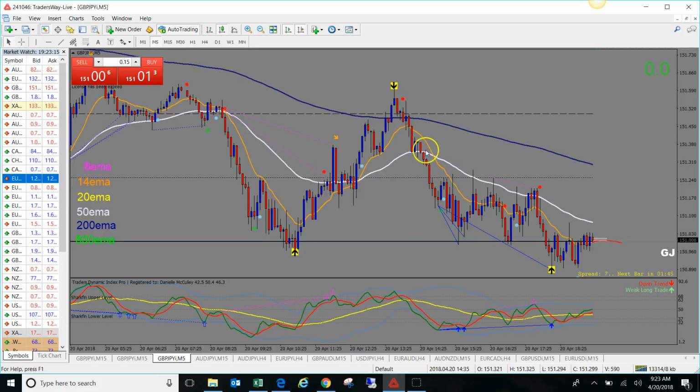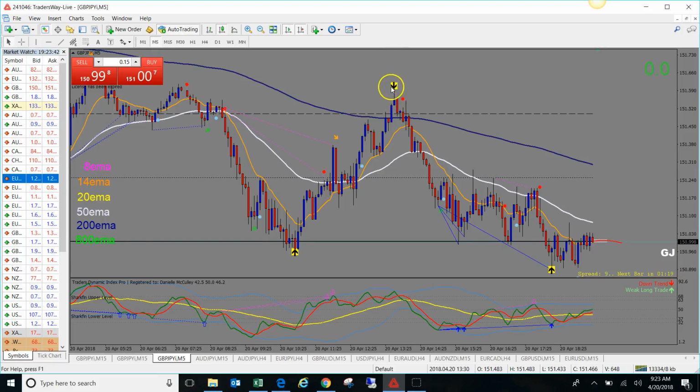And you can also wait for the 14 and the 50 to cross. Now that's a little more conservative entry. You can wait on that cross and you can still get 35 pips. So if you just go off of the 14, this is going to be the more aggressive entry. If you want to just use the little dot, that's really aggressive. But you have to have other confirmations.